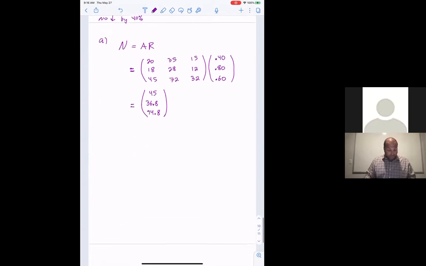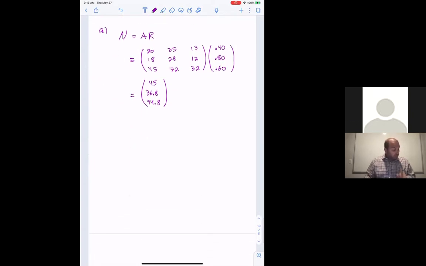Now, the daily cost in dollars of removing each kilogram of carbon monoxide, sulfur dioxide, and nitric oxide at each of the 4 plants is given by the cost matrix C. So let's write it. It's a 3x4 matrix: 10, 8, 12, 8, 3, 2, 4, 3, 7, 9, 6, 11.